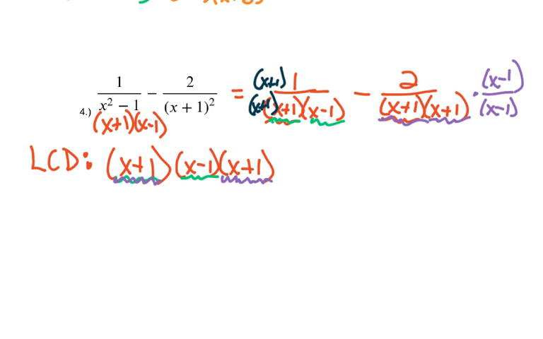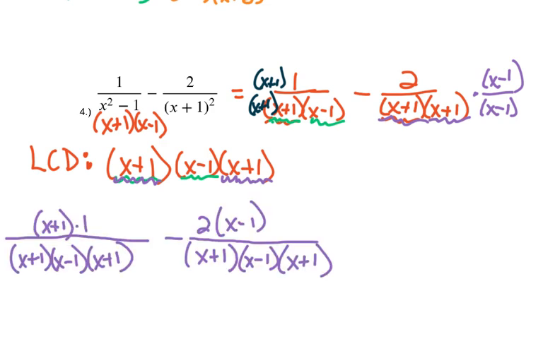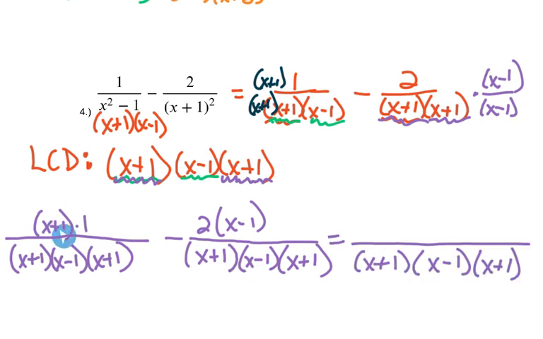Now if we're going to rewrite this entire expression, now that our denominators are the same, we can combine our numerators. So this will become our x plus 1 times x. Our x plus 1 times 1 is just x plus 1. And our right side will be a minus 2 times x minus 1.